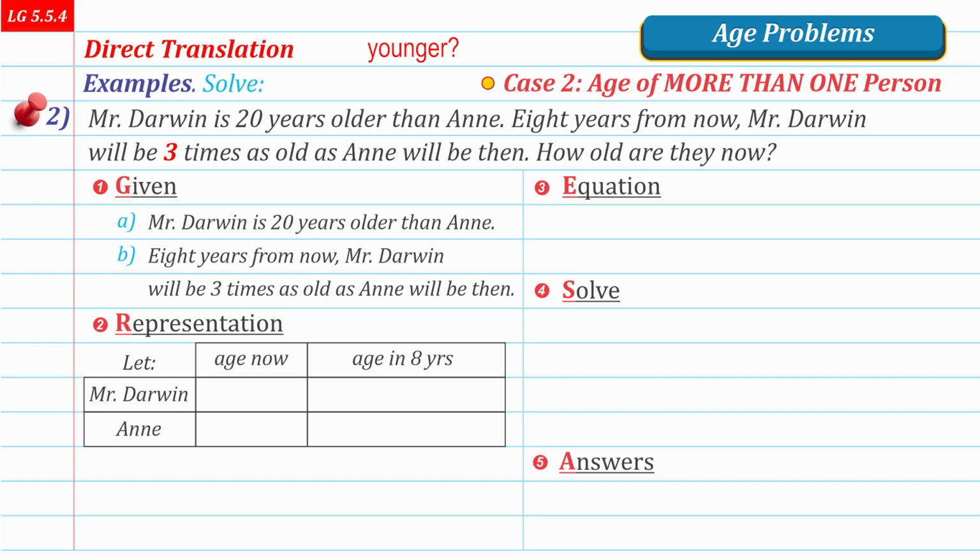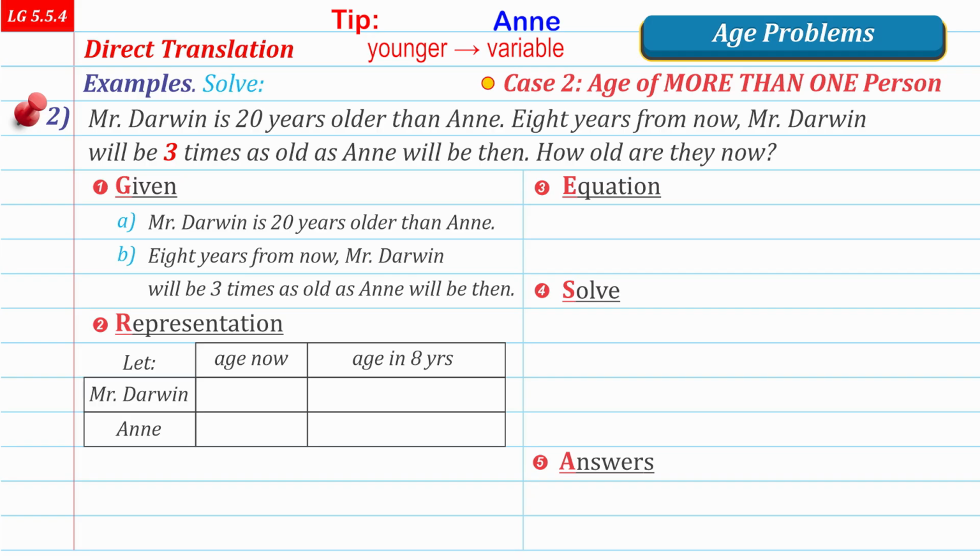Usually, it's best if we let the age of the younger person be our variable. And the reason for that is, maiiwasan natin yung minus sign, which is usually a case of carelessness for many students. Don't worry, we will try to solve this problem again later. I will show you the solution just in case we choose otherwise. So, from analysis, Anne is younger than Mr.